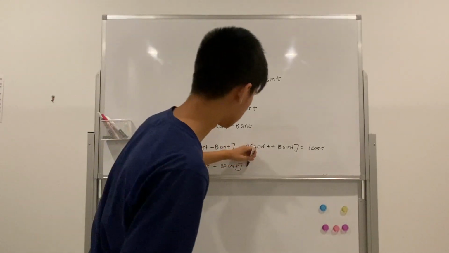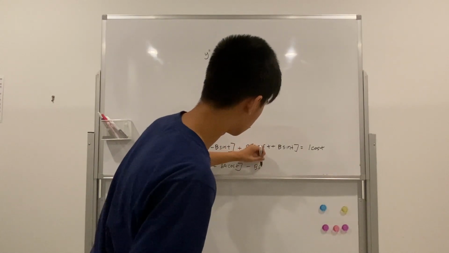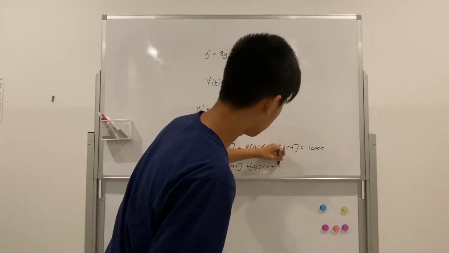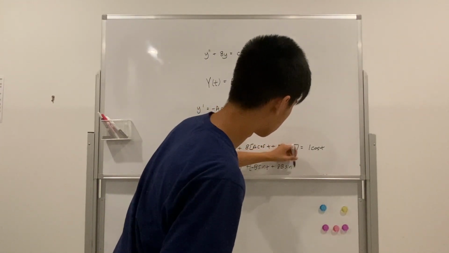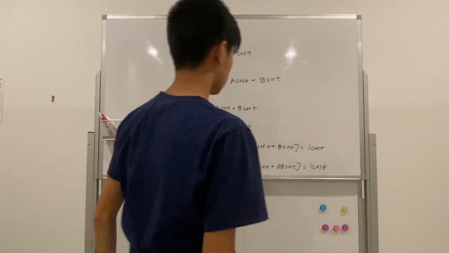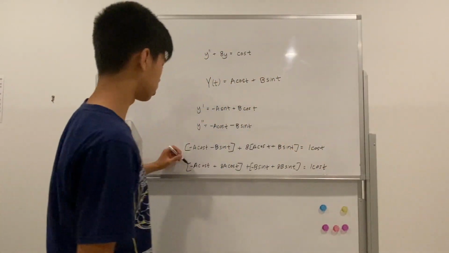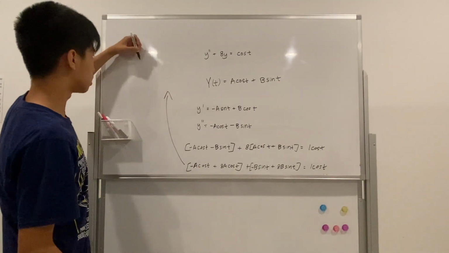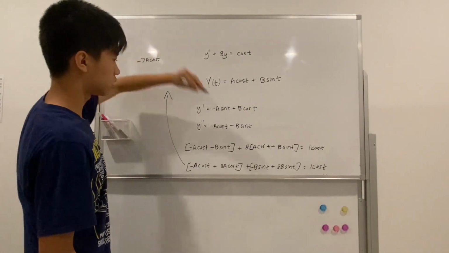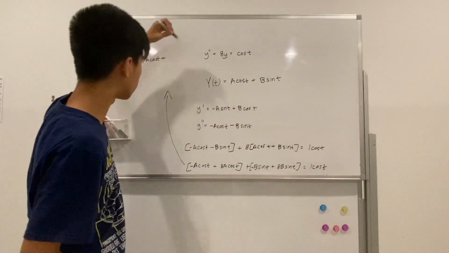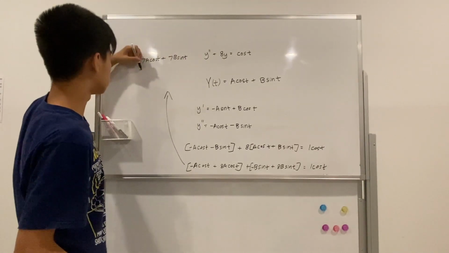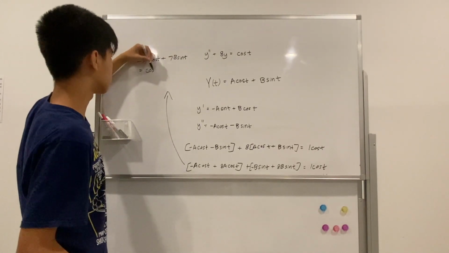And we can say negative b sine of t and 8b sine of t go together, equals 1 cosine t. Well, let's see. So this is equal to 7a cosine of t plus 7b sine of t. All that is equal to just cosine of t.